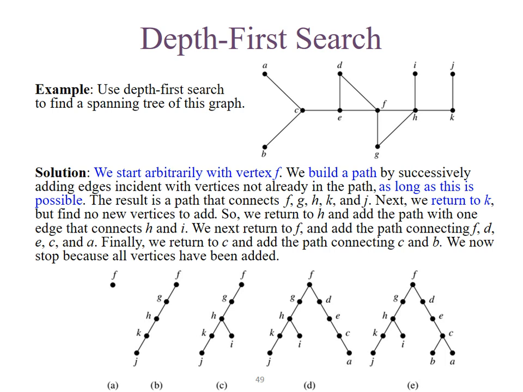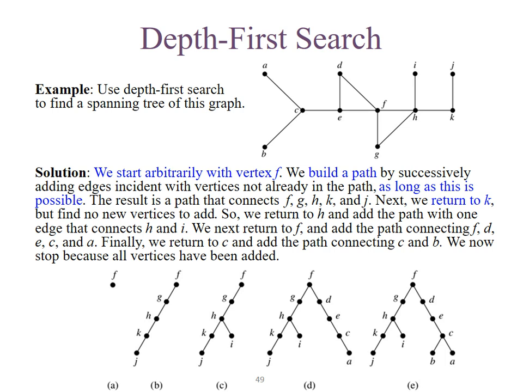And then once we go to the end of the path, we cannot visit any more new vertex. Then we go back to the previous vertex to see if we can create another path. In this case, if we go from j back to k, then we don't have any chance. So we go back to h. Once we go back to h, then we can discover there is the vertex i we haven't visited yet.